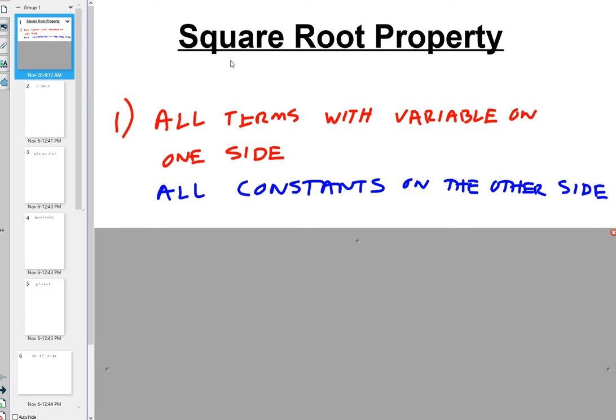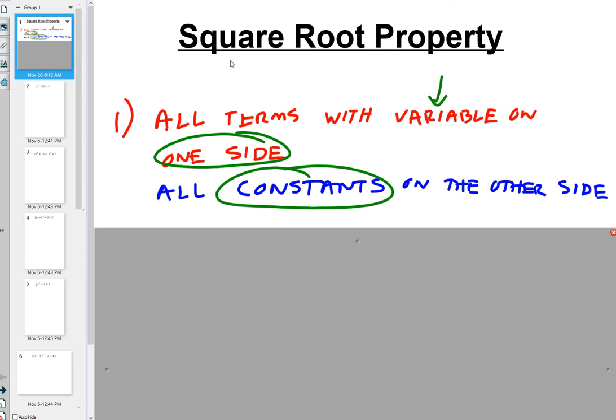In this case, we're going to put anything that has a variable on one side, doesn't matter which side, left or right. And then all the constants. What's a constant? Well, no, you're thinking about coefficient there. The number attached to a variable is a coefficient, which also starts with a C. Let's use some context.